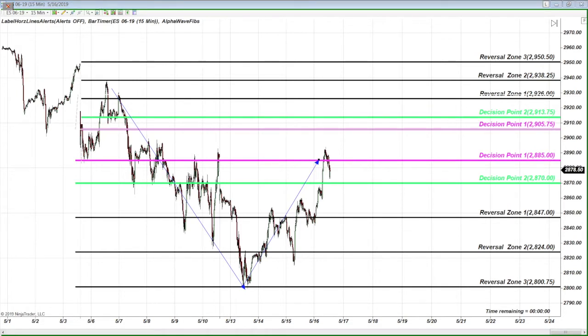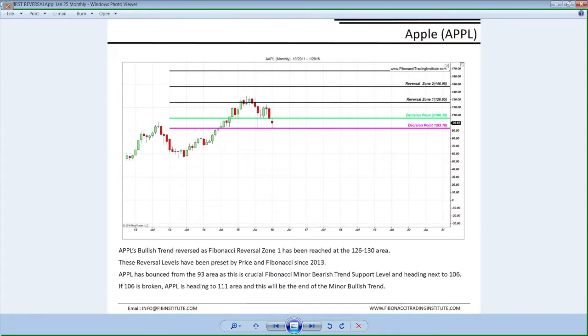However, if I would bring up to you the exact same chart, except on Apple. This is Apple. This is Apple in 2015. Do you remember when Apple sold off and reached key Fibonacci support, when Apple came out with the worst earnings in 13 years?